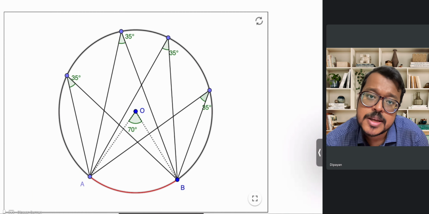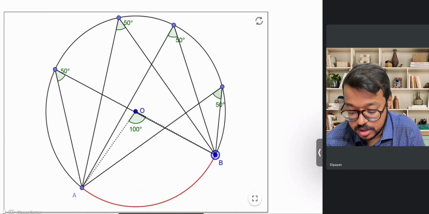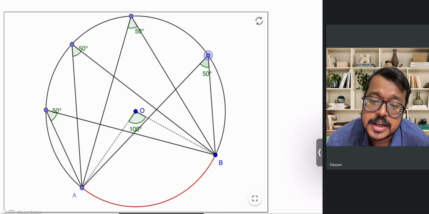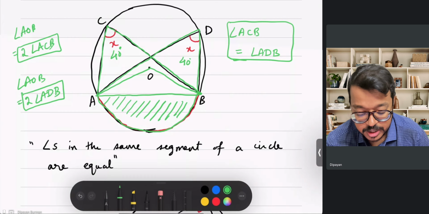So let's say now I'm increasing it like this. Then you see that the angles in the same segment as AB are all 50-degree angles, and the angle at the center, as expected, is 100 degrees.